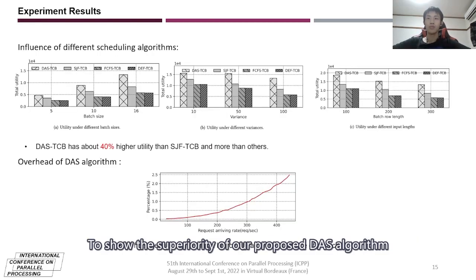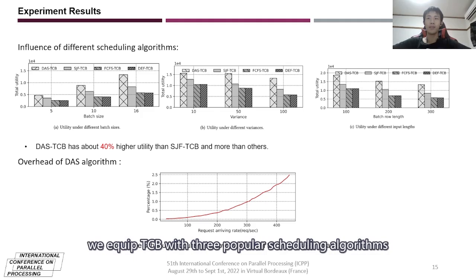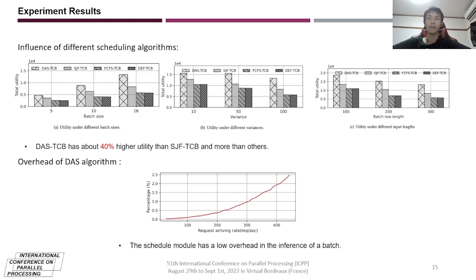To show the superiority of our proposed DAS algorithm, we equip TCB with 3 popular scheduling algorithms: shortest job first, first come first served, and deadline earliest first. And we test on different batch size, variance, and input length.